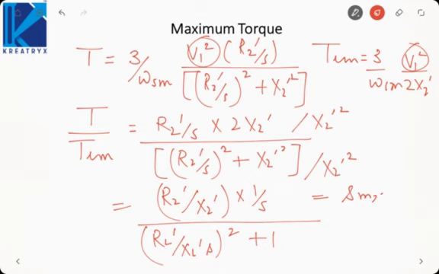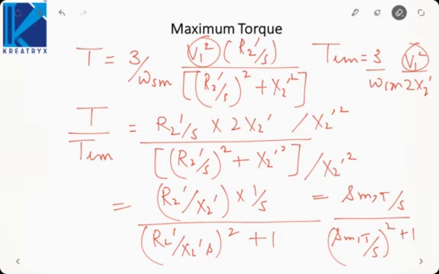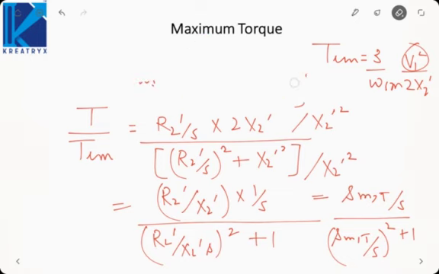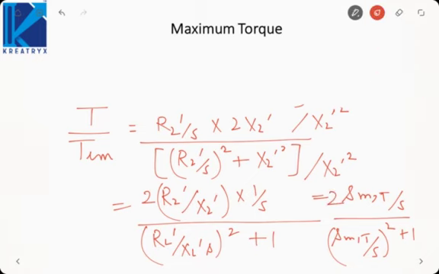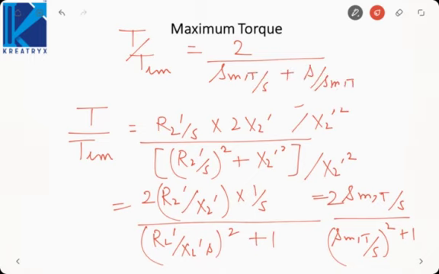So it will be SMT by S divided by SMT by S whole square plus 1. So if we divide numerator and denominator by SMT by S to make the numerator 1, here there will also be a 2 factor. So it will be 2 by SMT by S plus S by SMT. This is the ratio of any torque to the maximum torque.